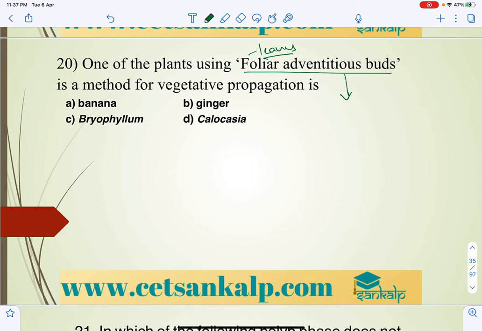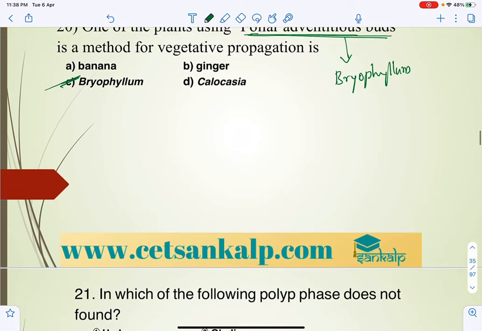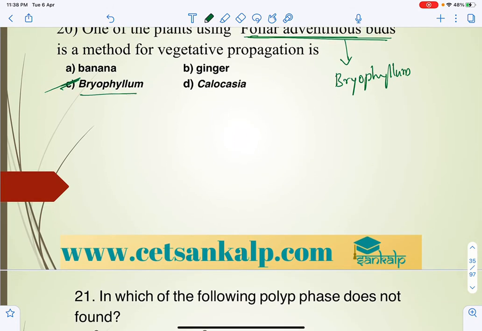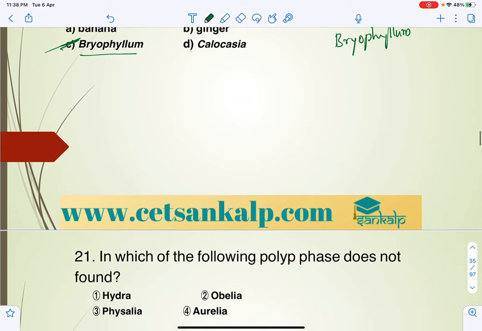These are obtained in the case of Bryophyllum, in which we get new plants using the method of foliar adventitious buds. We discussed this, and the difference between bulbils and Bryophyllum was given.